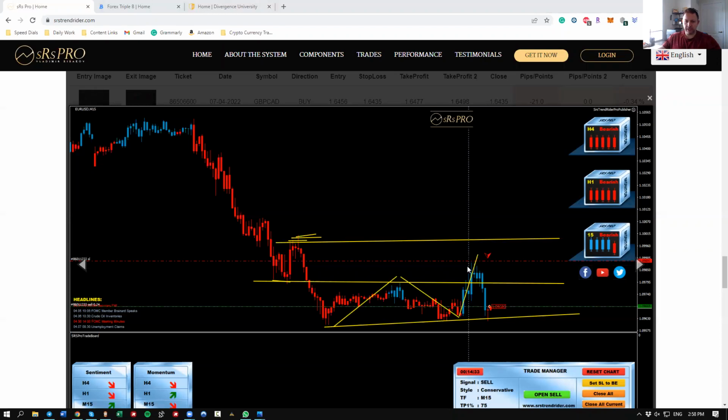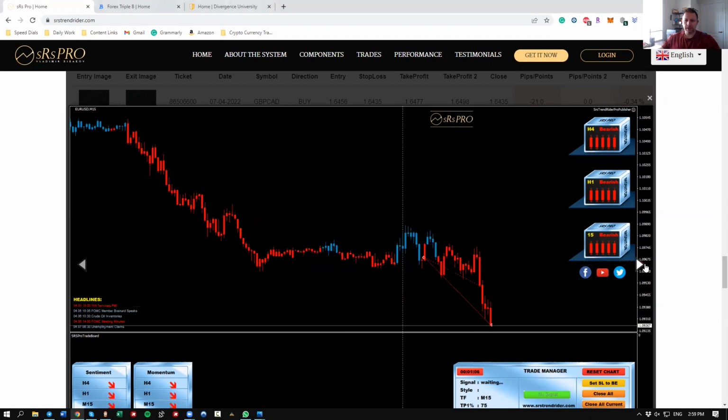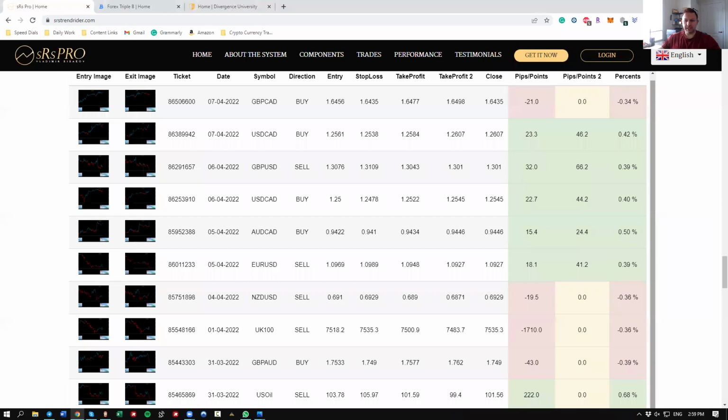Once you reach this area and complete the ABCD, you know it's clearly bearish, and it screams a trade. ABCD is broken. We got the trade. That's it. Nothing much to add.